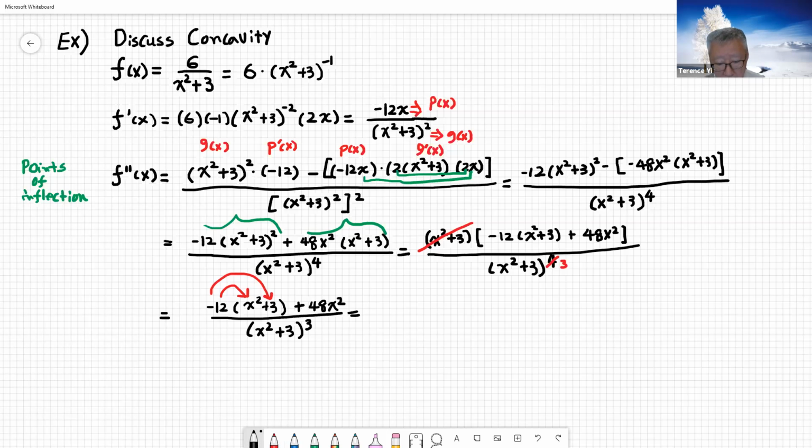You got minus 12x squared minus 36 plus 48x squared, divided by (x squared plus 3) to the cube. So we can combine these x squared terms over here. Okay, so that would be 36x squared.